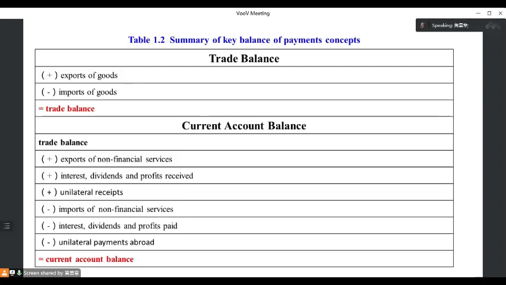Give an example: country A and country B. When country A exports goods to country B, in country A's account we should plus the number of exports.